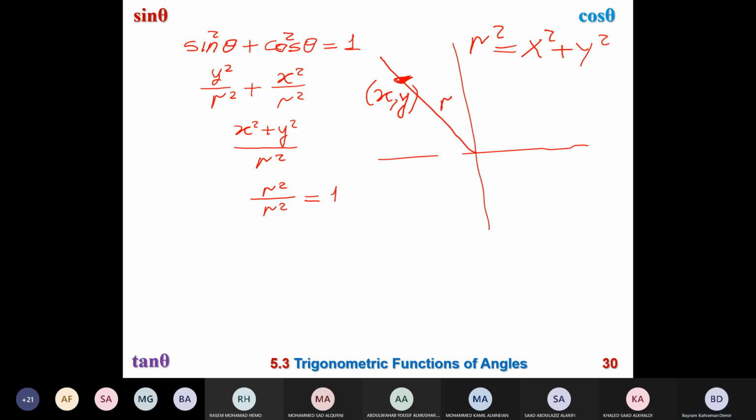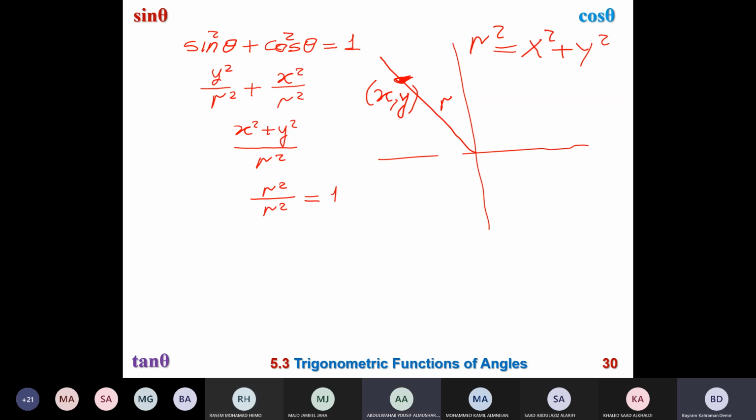Doctor, what about the root? Which root? Shouldn't there be a root on the x squared and y squared? I think he means if r is not squared, but we have r square here.